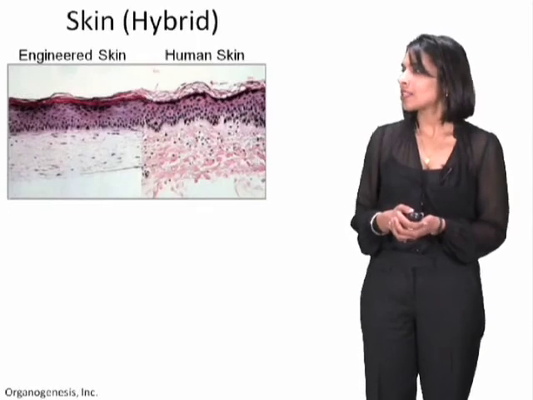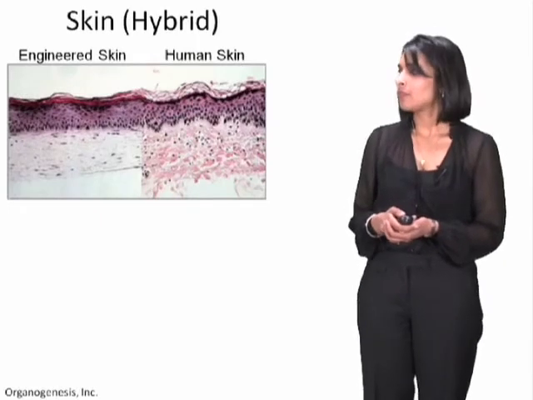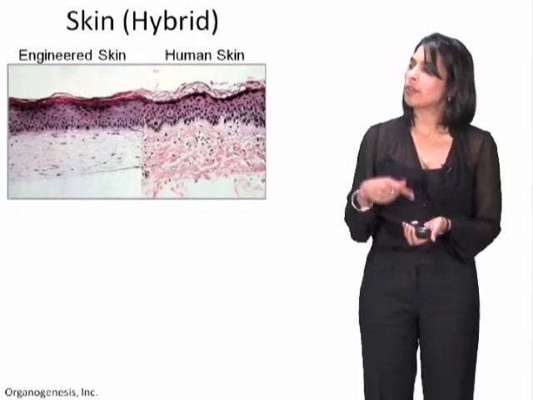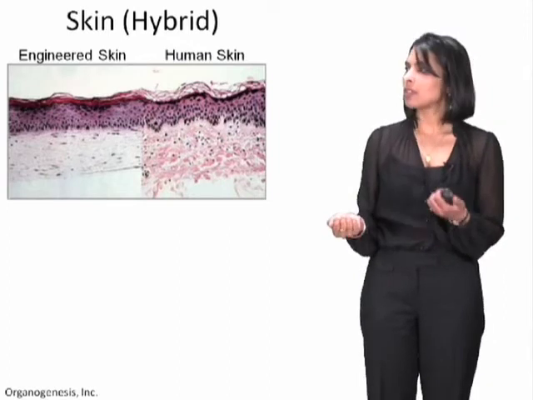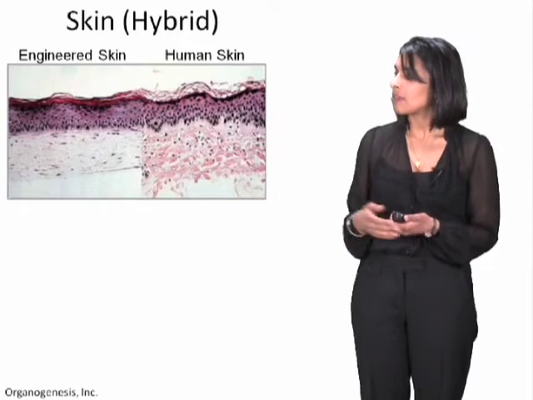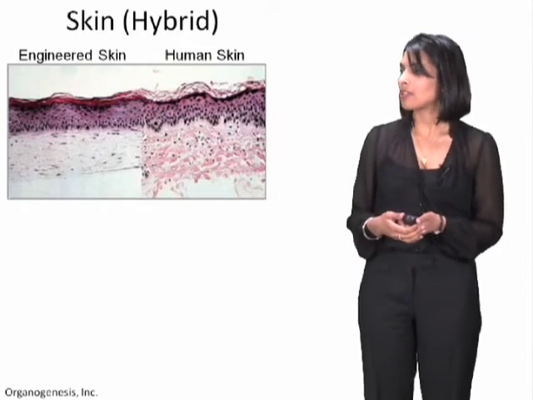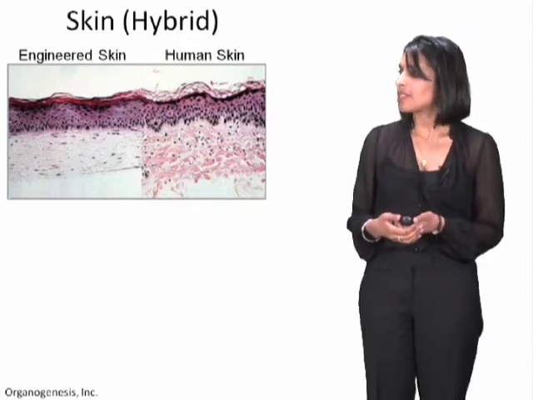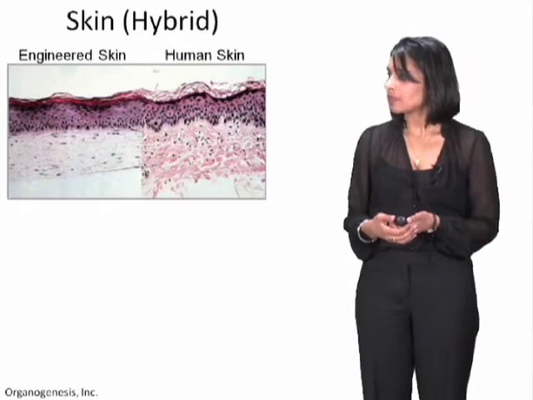Another more complex example is a hybrid example. So I told you before that one can combine biomaterials and cells to make hybrid engineered tissues, and this is one of the best, successful examples of having done this. So here we see engineered skin.